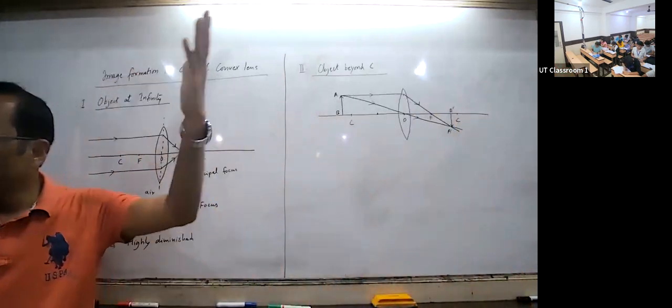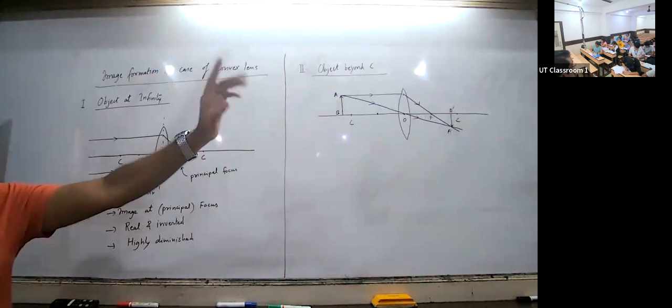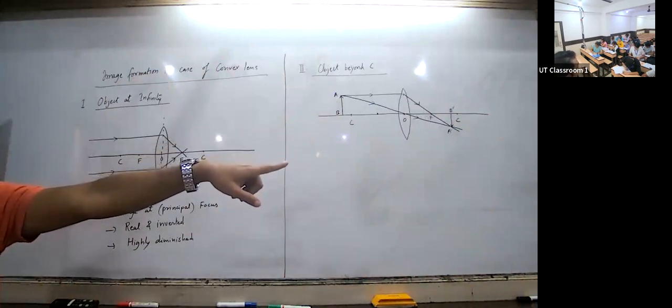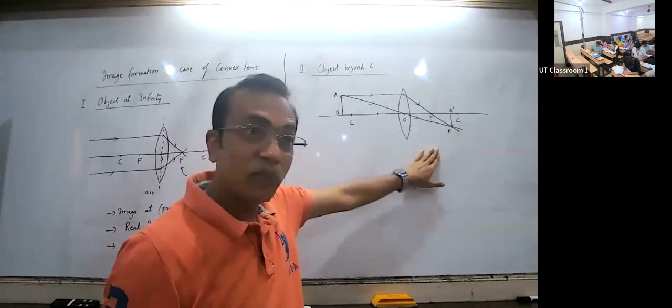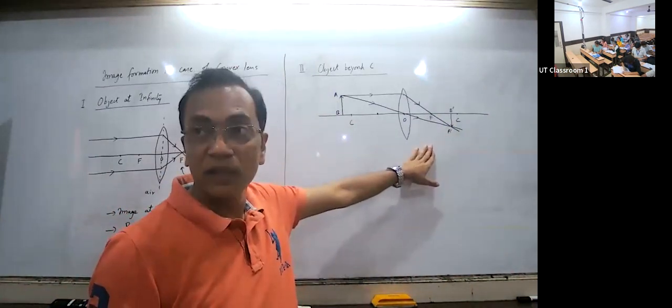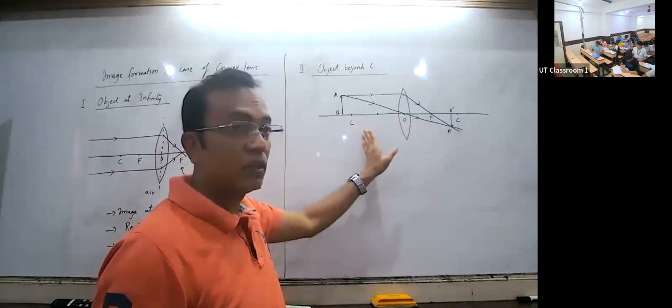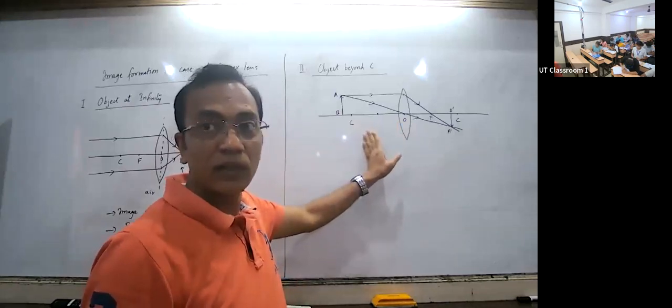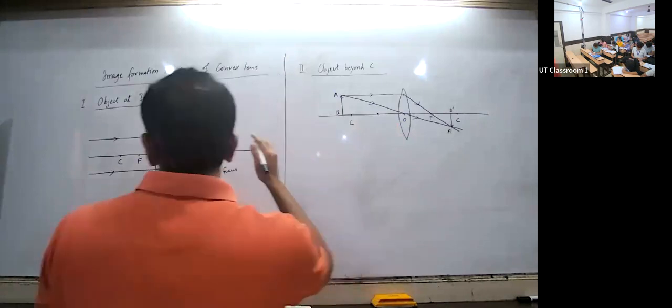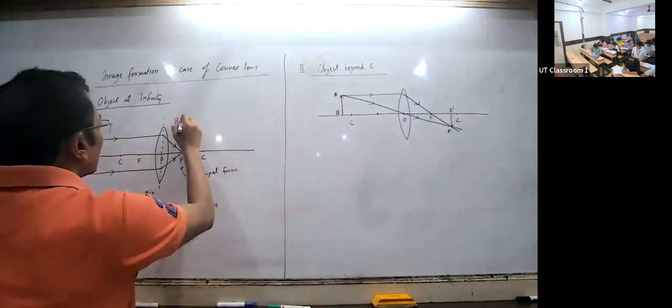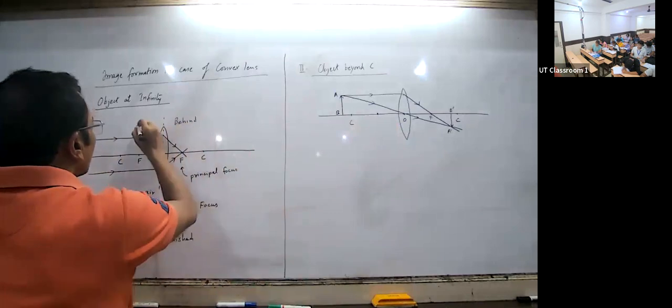So behind the mirror was virtual image, but behind the lens is real. This is the difference. All the real images are now forming behind the lens. In case of mirror, it was in front, right? So this is behind. This is front.